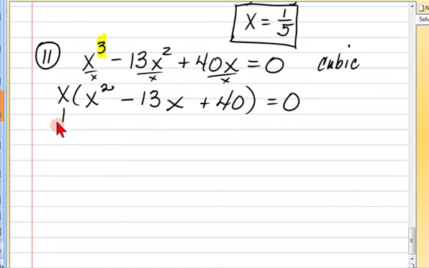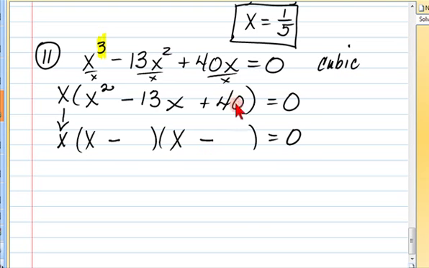I'm going to keep that factor of x, and look at this trinomial and see if I can go a little bit further with it. If the last sign is positive, what does that say about the two signs? They both match the middle term, so they're both negative, x and x. I need factors of 40 that add up to be 13.